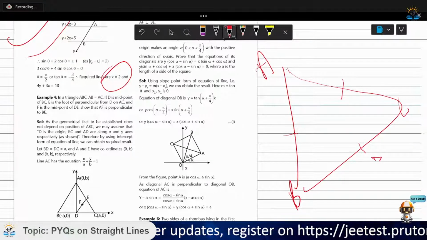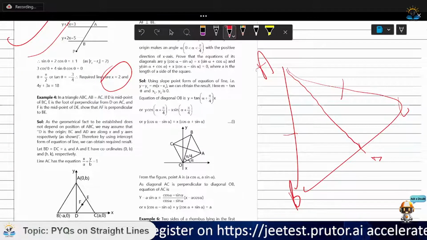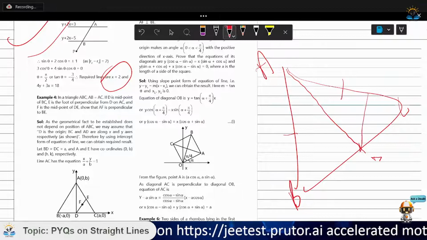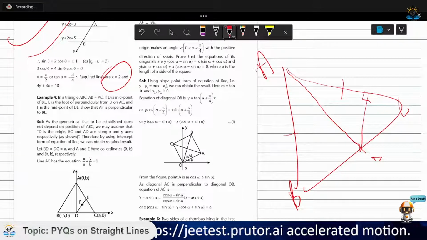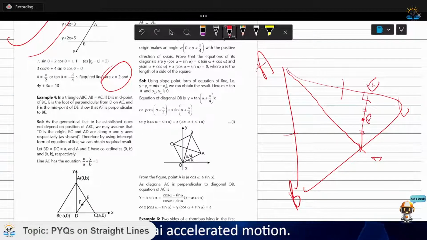Okay, and now what do we have? Foot of perpendicular, so that AF is perpendicular to BE.